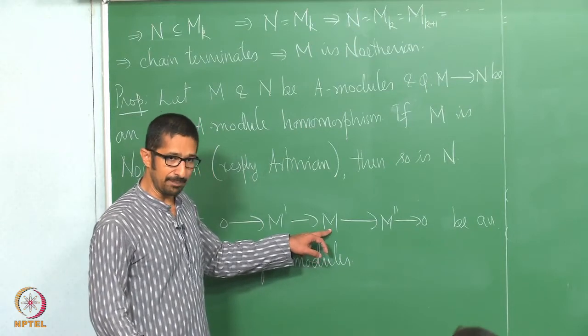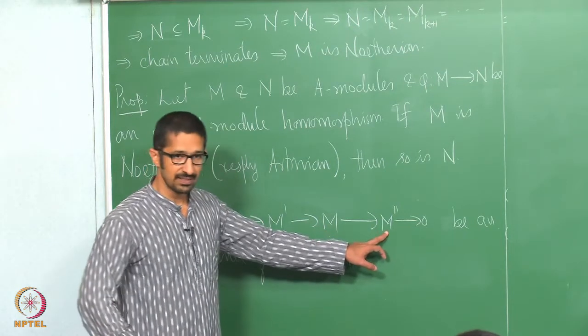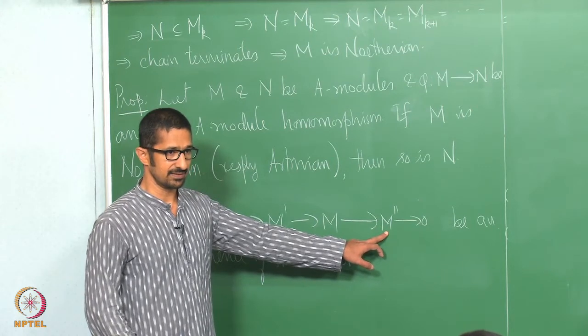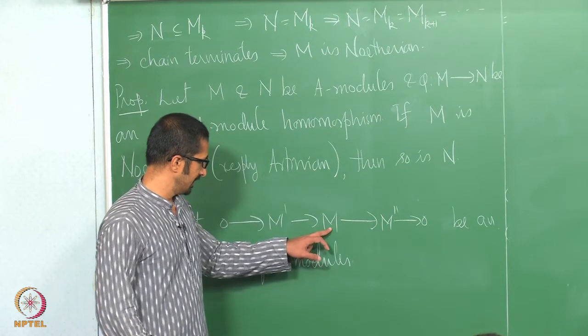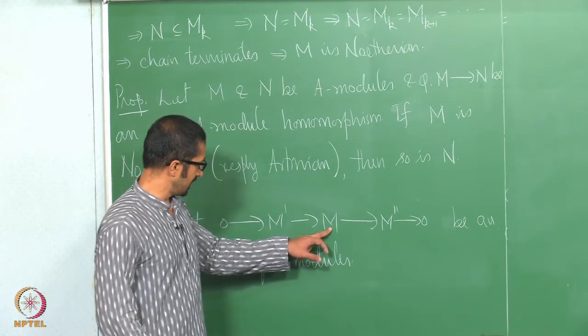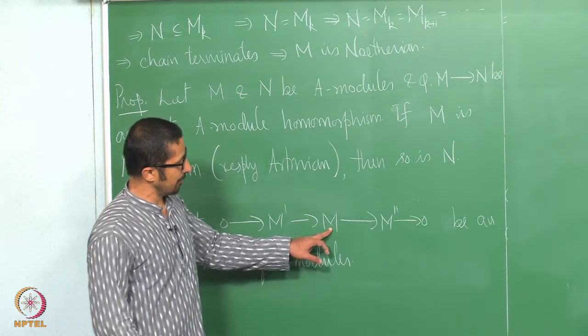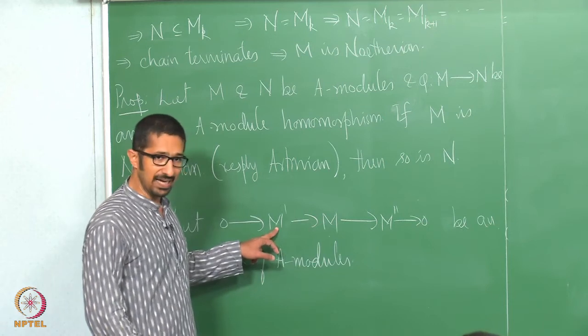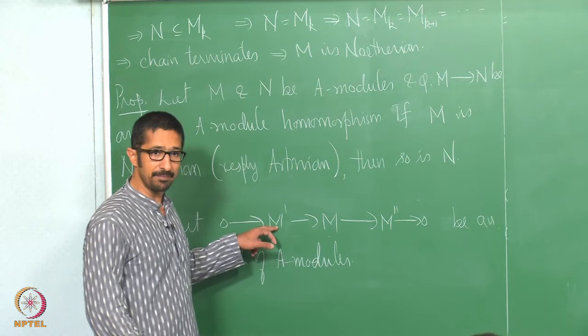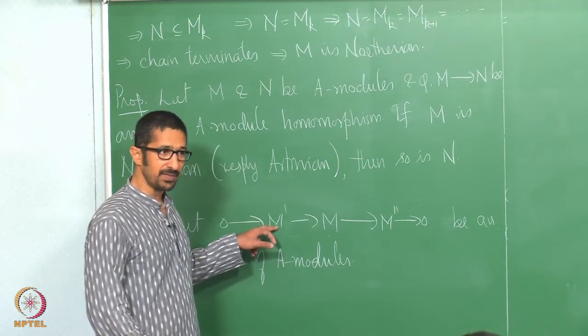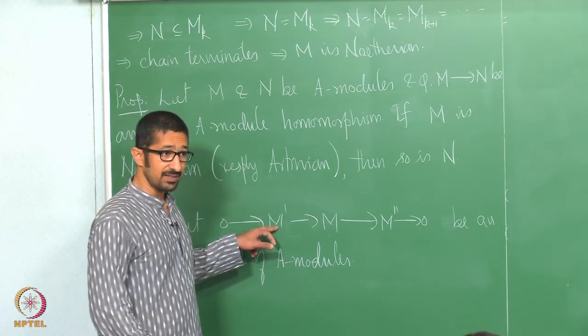Now, if M is Noetherian, what can you say about M'?